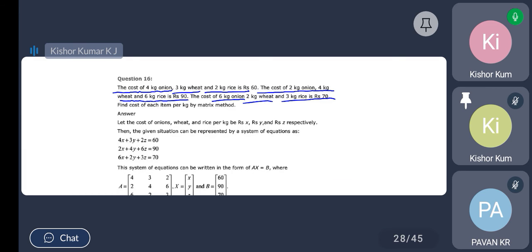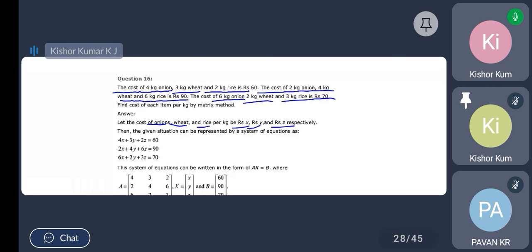So here, no need to be worried about this. You just consider the different kinds of items what we have here. I can consider the cost of onion, wheat and rice per kg as X rupees, Y rupees, Z rupees respectively.